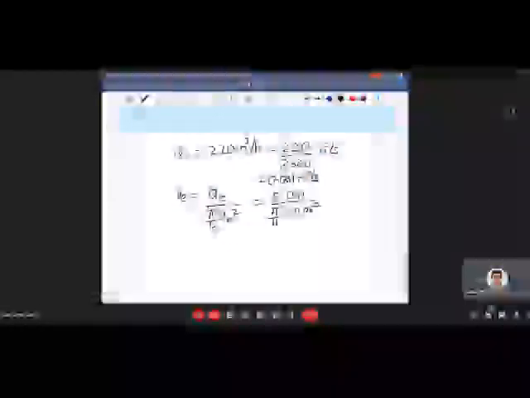So we can write that as 0.061 by pi by 4 times 0.05 square. We'll get the exit velocity here as 31.1 meters per second, which is the same as option F as shown here.